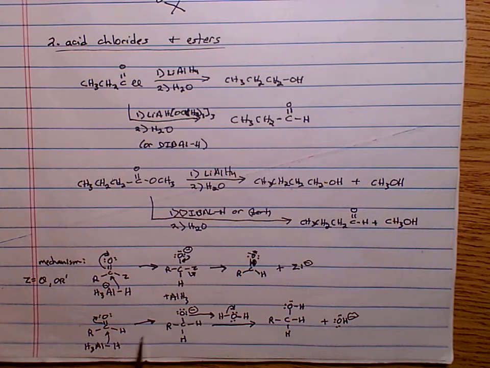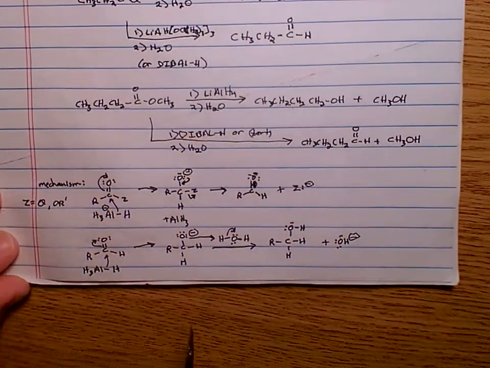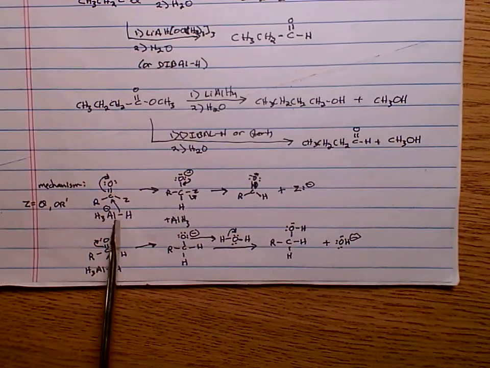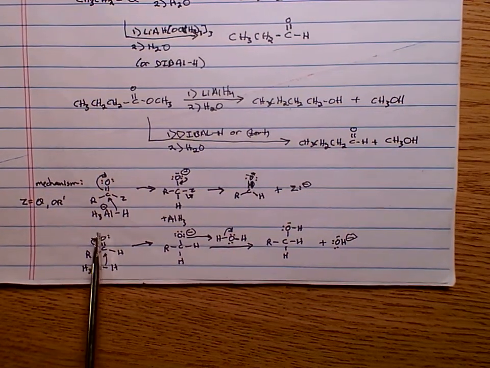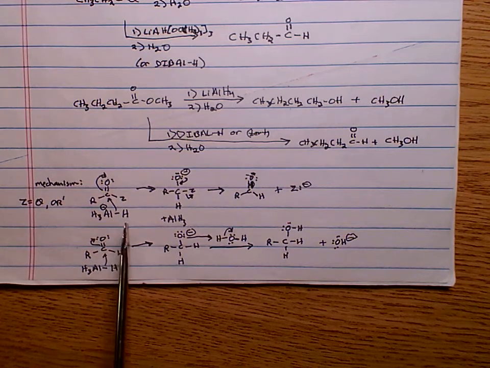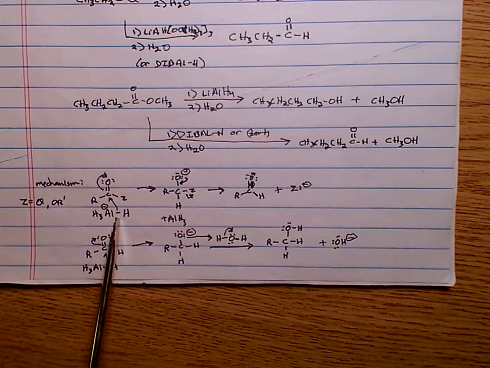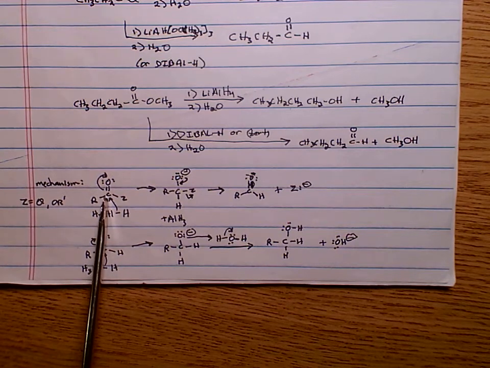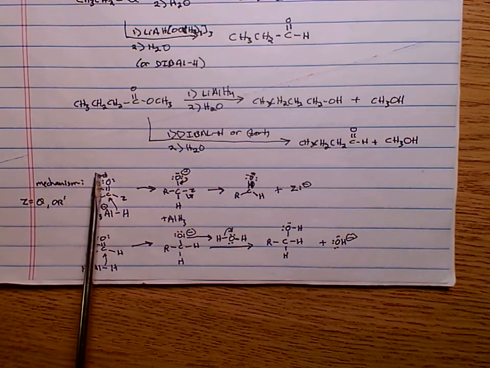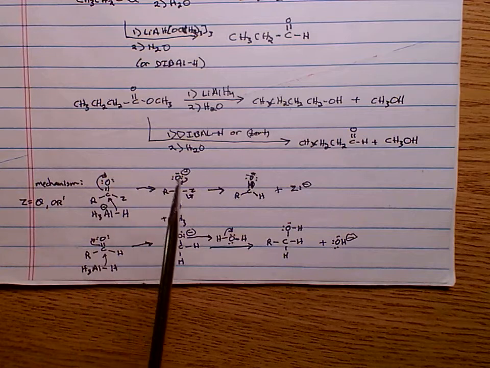Okay. And when we look at the mechanism, we can see why aldehydes are formed, because this is an example of nucleophilic acyl substitution. Our nucleophile is the hydride, H-. The bonding pair of the hydride attacks the partially positive carbonyl carbon, the pi bond breaks.